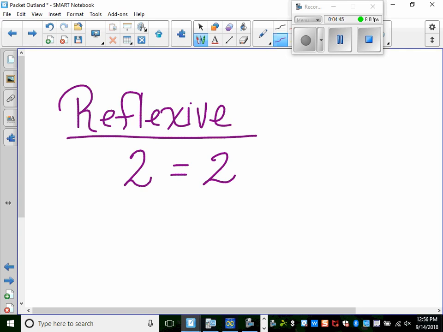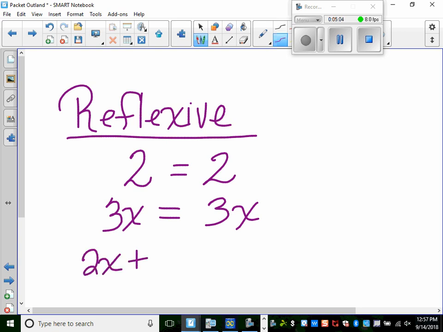That is called the reflexive property. I could also say 3x equals 3x. As long as you have the exact same thing on both sides, it is considered to be the reflexive property. You could have 2x plus 3 equals 2x plus 3. They're exactly the same on both sides.